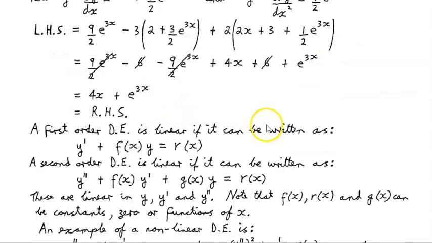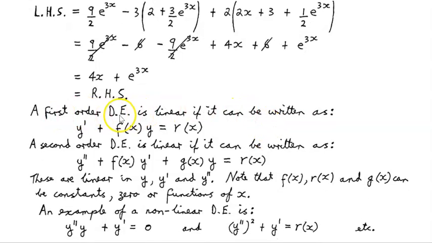Now, some more terms. A first order differential equation is linear if it can be written as y dash plus some function of x times y is equal to r, some function of x. A second order differential equation is linear if it can be written as y double dash plus f of x times y dash plus g of x times y is equal to r of x.